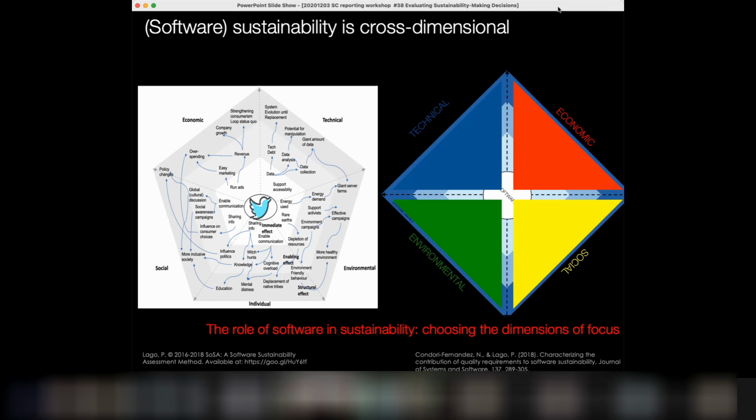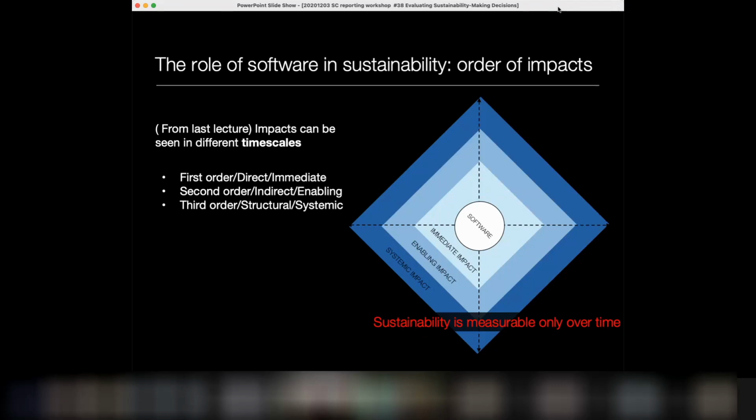On the right-hand side, you have something similar, but more compact and specifically conceived for software architecture. So we tried to merge these and position them on a sustainability timeline.